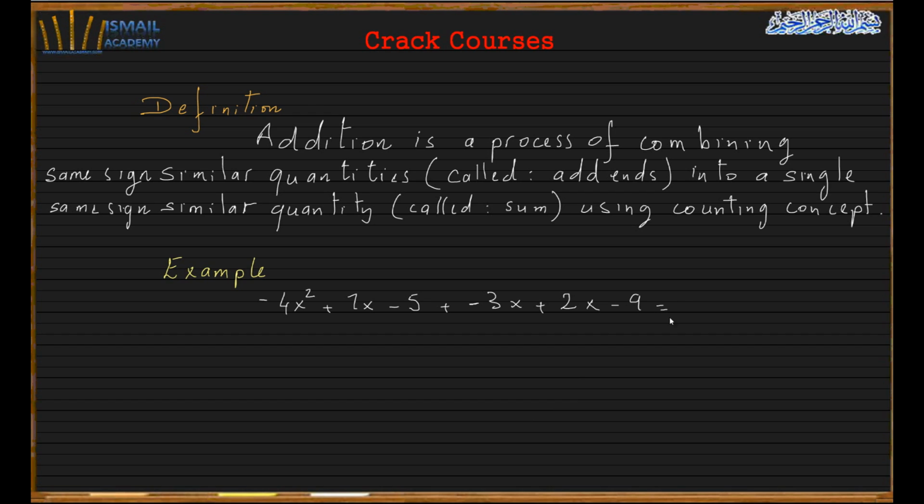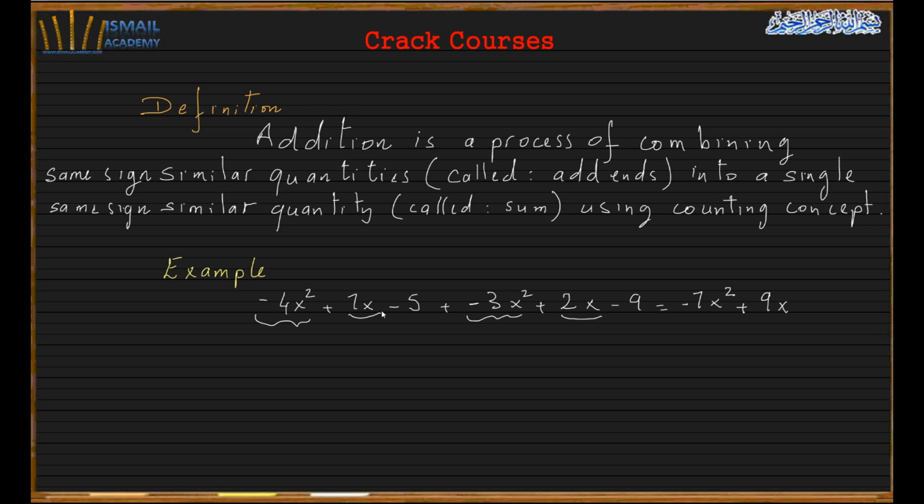Here I'm going to look for the similar quantities. Here are the x2 terms. Those two are similar, same sign, so I can combine their values, and the value will be the same sign as the components. That means the value will be negative, so it's going to be minus 7x2. Here we have 7x and 2x, both positive, so I can combine them. So it's going to be 9x.